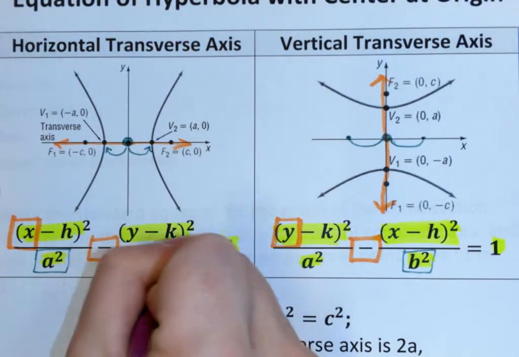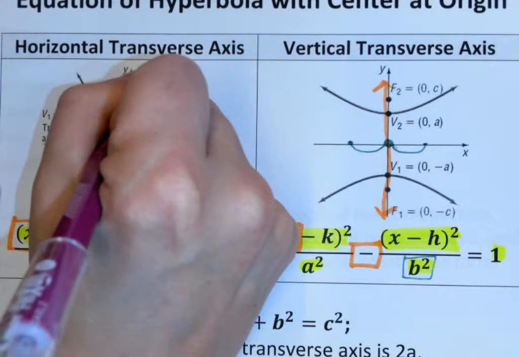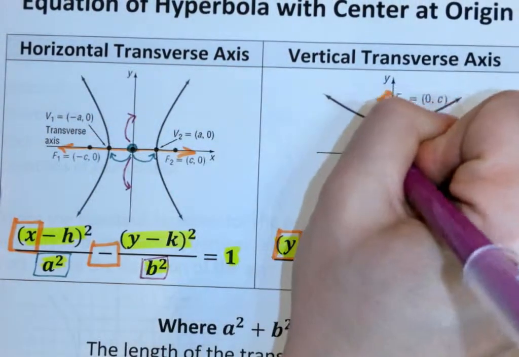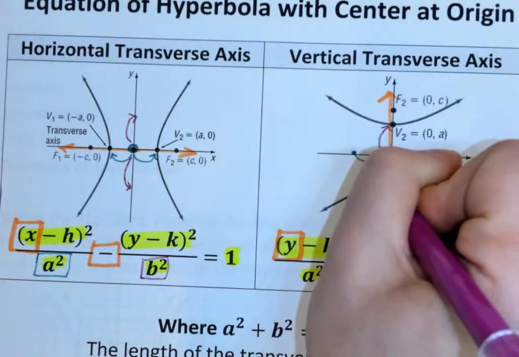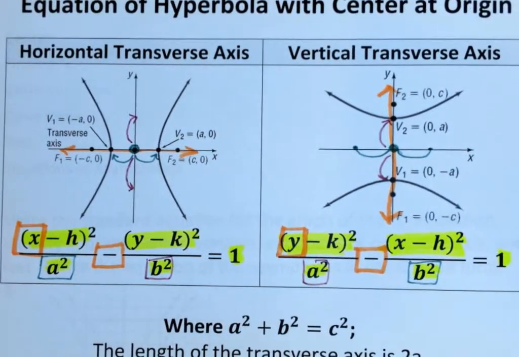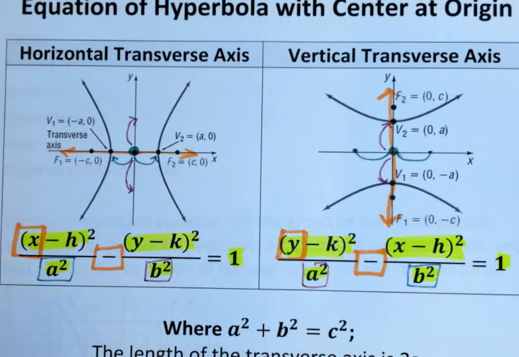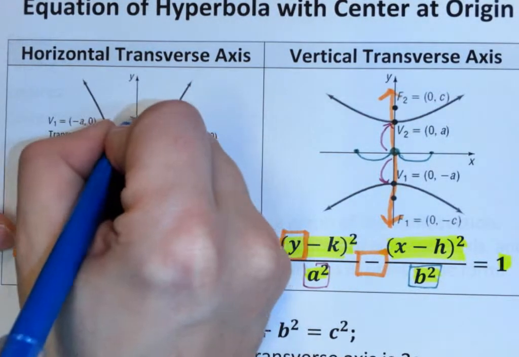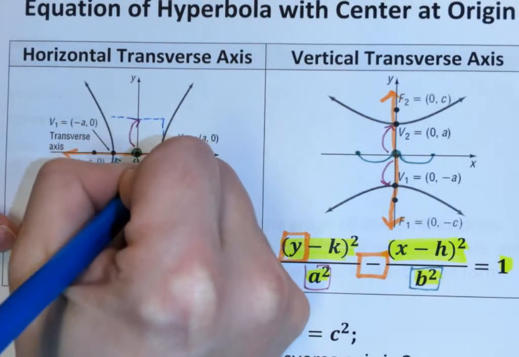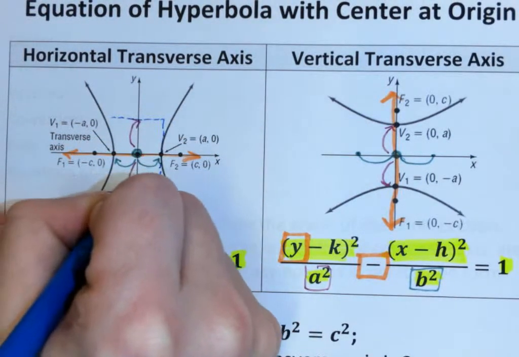What is under the Y is how far you go out in the Y direction, whether you see it or not. So just like before, just like we had vertices and covertices, you're going to follow that same pattern here, and then when you figure out where those points are, you're going to use them to draw a box.